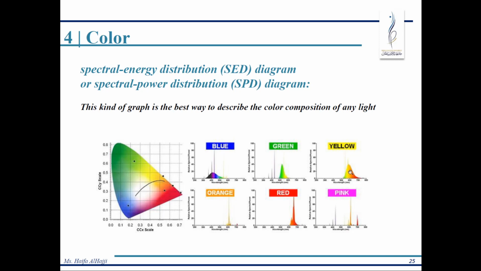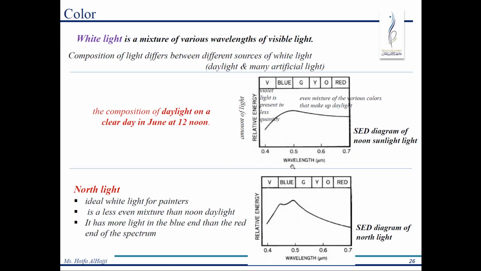Most of it is yellow, and some is green, and some is red. So now we understand what we mean by SED and SPD. It just represents what light colors are included in the light.